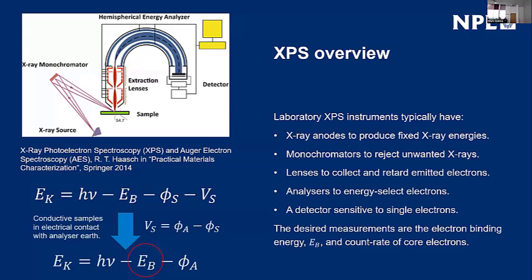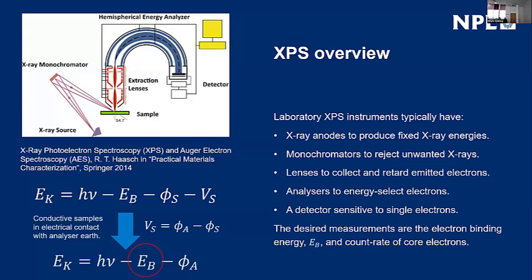And that's equal to the photon energy minus the binding energy of the electron in the atom, minus what's called the work function. That's an energy to get the electron out of the sample, and then minus the potential difference between the sample and the analyzer, or the analyzer earth.